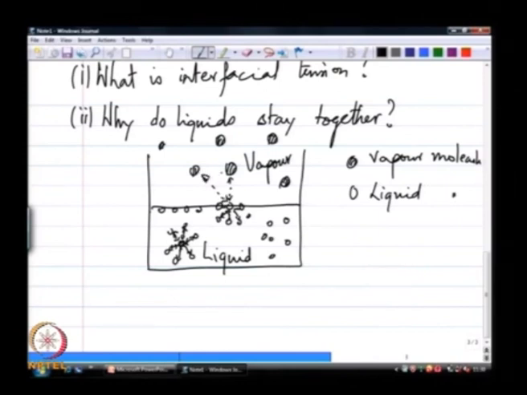So, the intermolecular force between a liquid and a vapor is weak, much weaker than liquid intermolecular force.